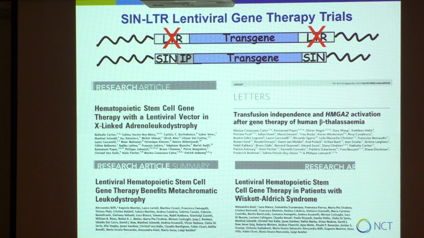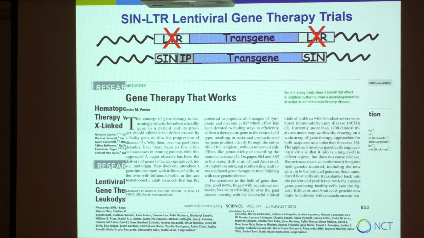This also held true in the clinical studies that have been conducted, like in adrenoleukodystrophy, but also in metachromatic leukodystrophy, Wiskott-Aldrich syndrome, or beta thalassemia, where one could really say, okay, gene therapy that works.